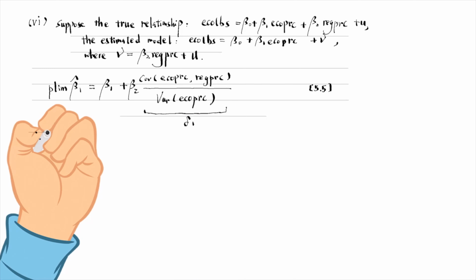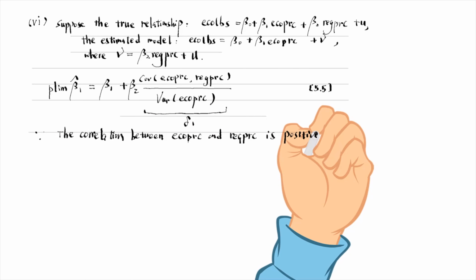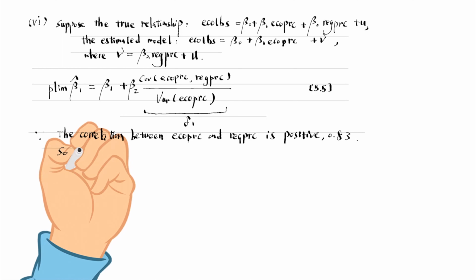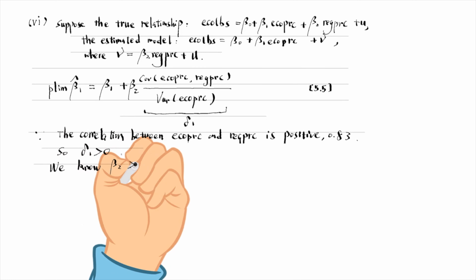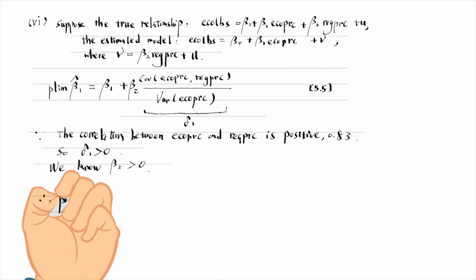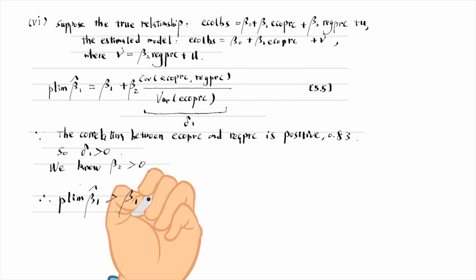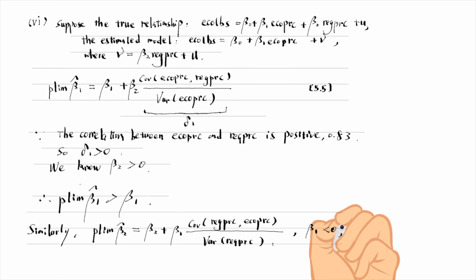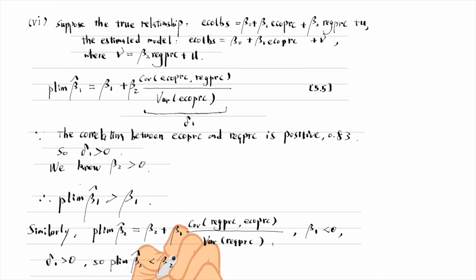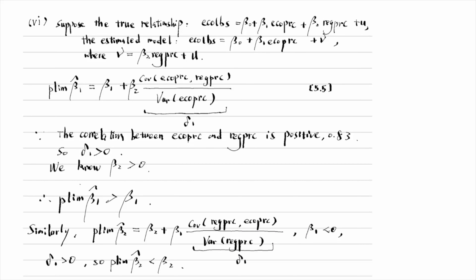The correlation between the own price and the cross price is positive, 0.83. So delta 1 is positive. We know that beta 2 is positive. Therefore, beta 1 is upward biased. Since beta 1 is negative, the magnitude becomes smaller. Similarly, we can prove that beta 2 is downward biased. In other words, its magnitude also becomes smaller.